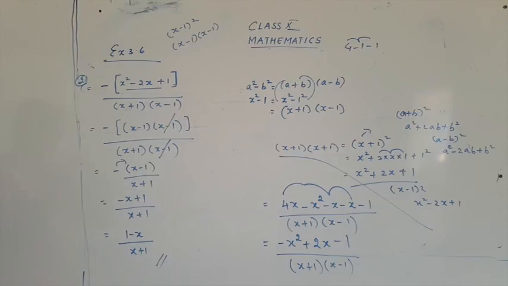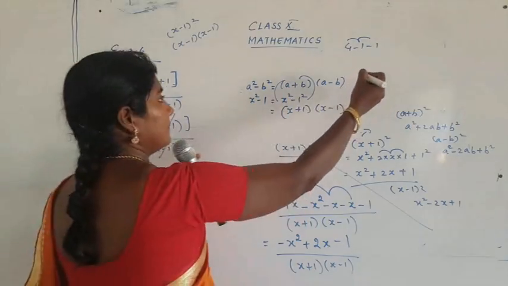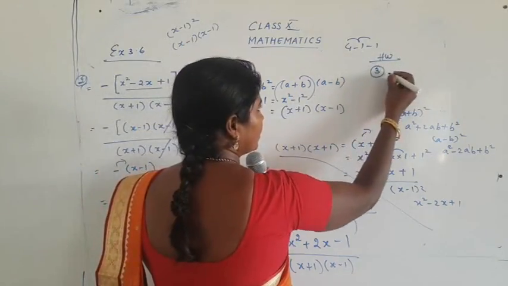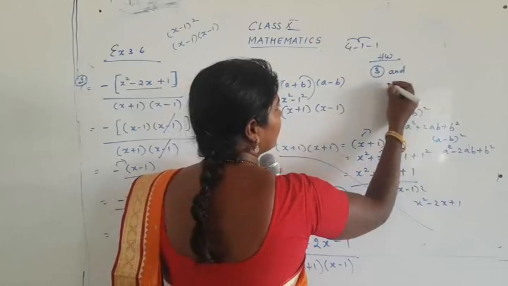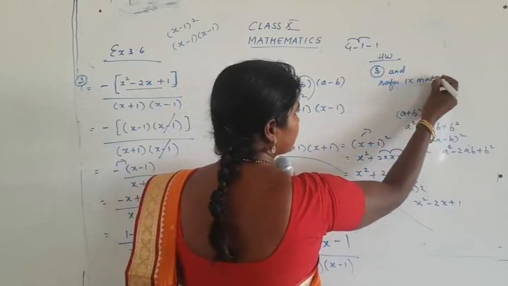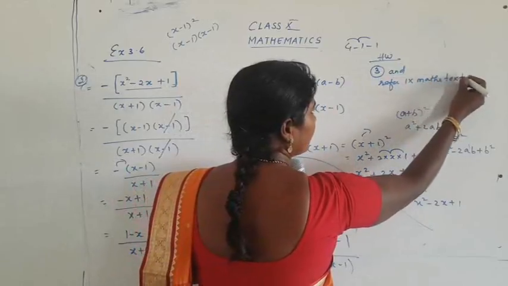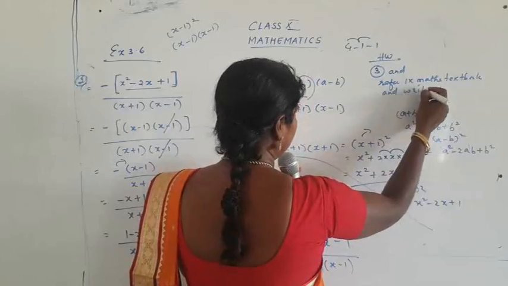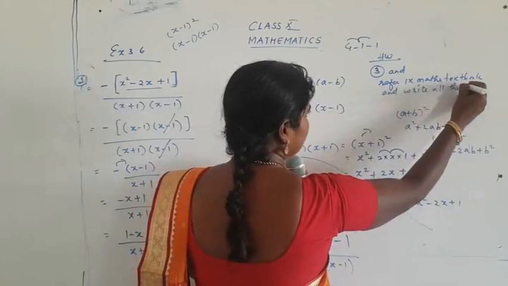So your homework is sum number 3. You have to complete question number 3 and also refer to the 9th Max textbook and write all the identities.